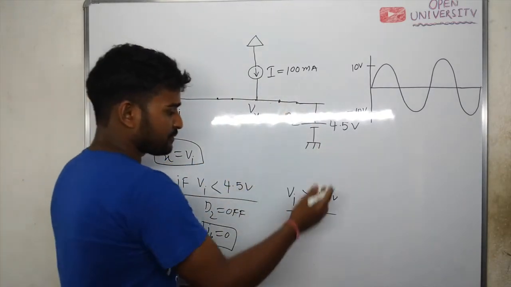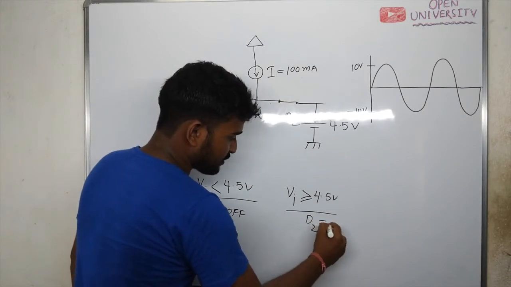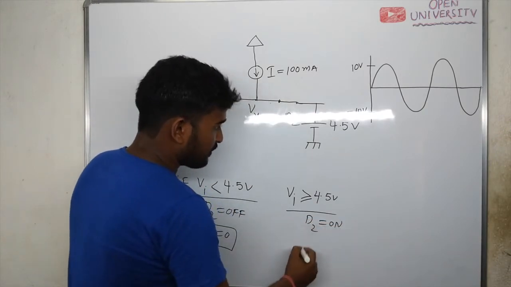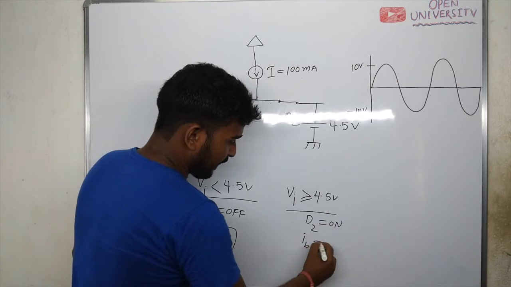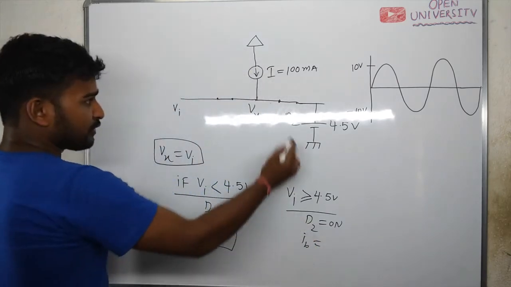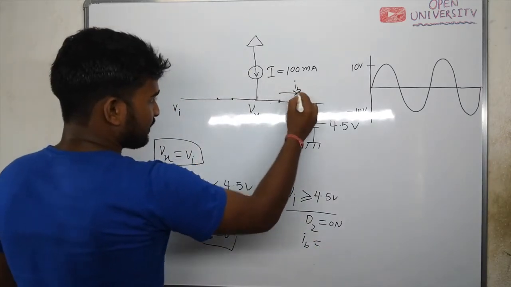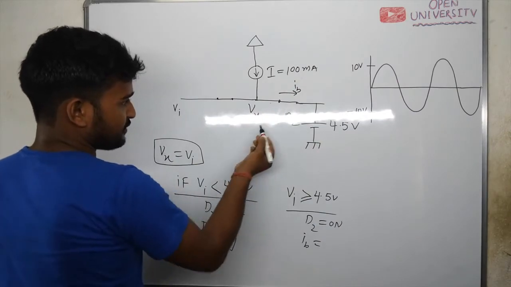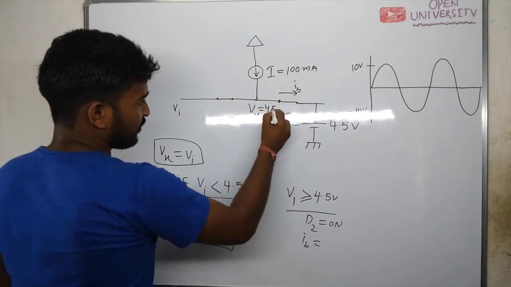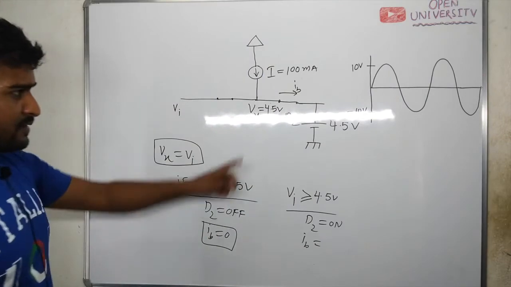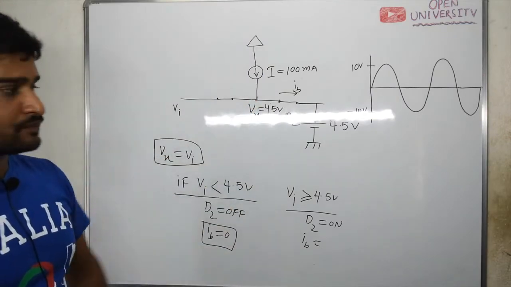So D2 is forward biased or D2 is on. So what is the IB? Before knowing IB, what is this Vx now? Vx will be 4.5 volt. This node voltage is 4.5 volt.